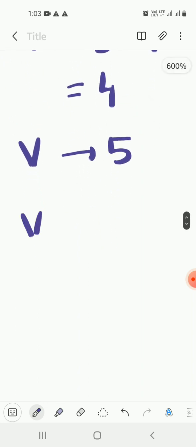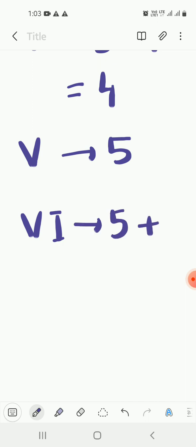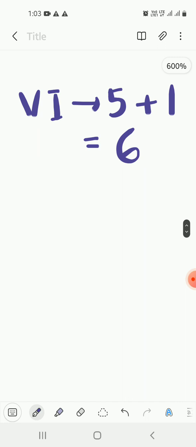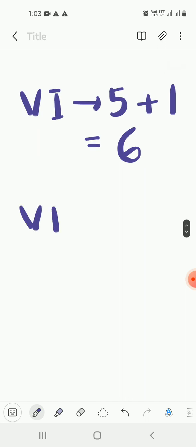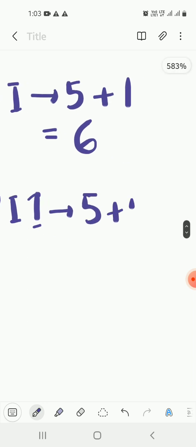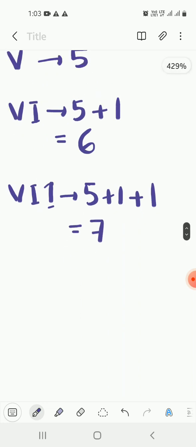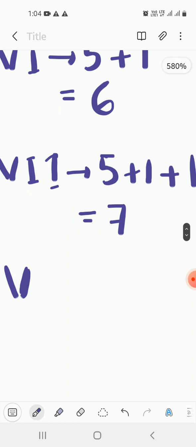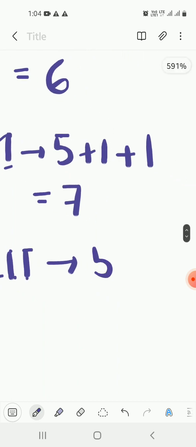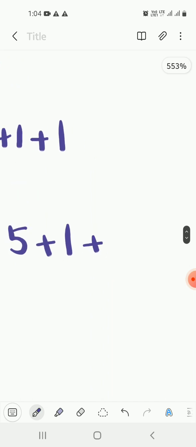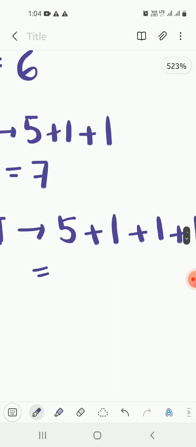For 6 we write V I, that is 5 plus 1, 6. For 7 we write V I I, which means 5 plus 1 plus 1, which comes to 7. For 8 we write V I I I, which means 5 plus 1 plus 1 plus 1, which comes to 8.